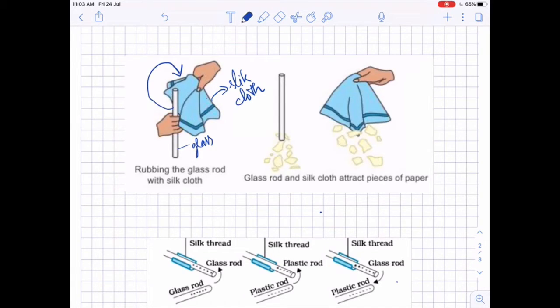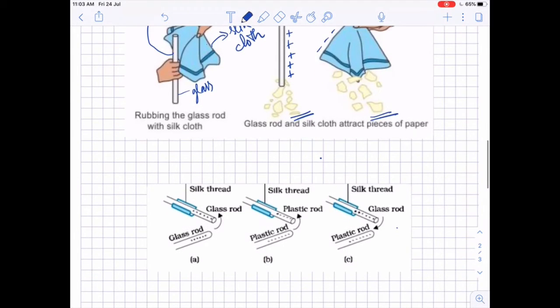As a result, there will be a deficiency of electrons on the glass rod, resulting in a positively charged glass rod. On the other hand, the silk cloth will be negatively charged. As a result, static electricity will be developed in both the objects, and they can attract small pieces of paper.